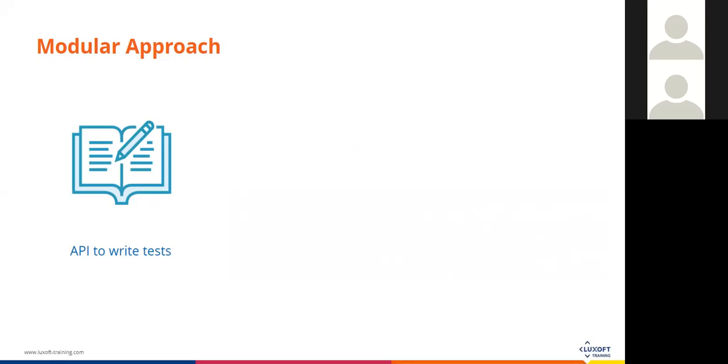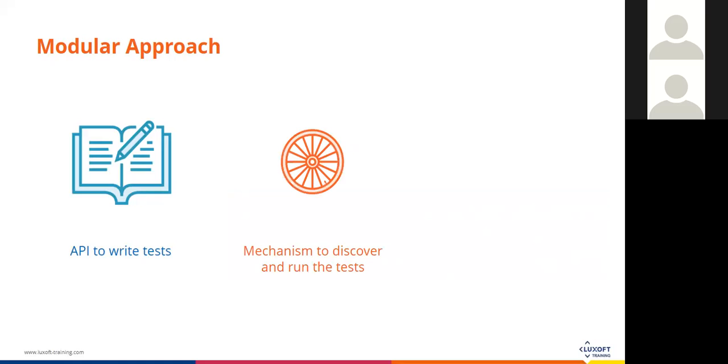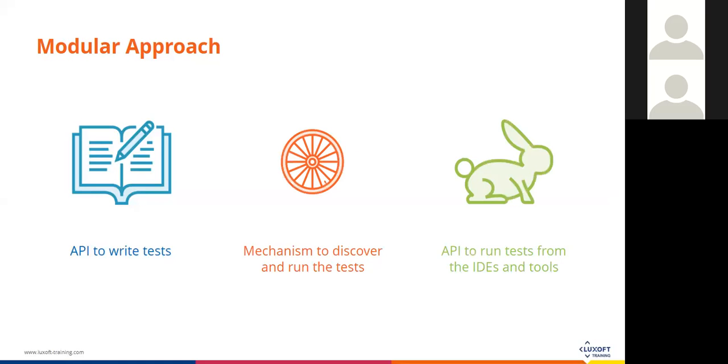So the modular approach of JUnit 5 included separation of concerns. One API to write the tests, which was already existing and was somehow changed and improved. But also, very important, mechanisms to discover and run the tests, and the API to run tests from the IDEs and tools.